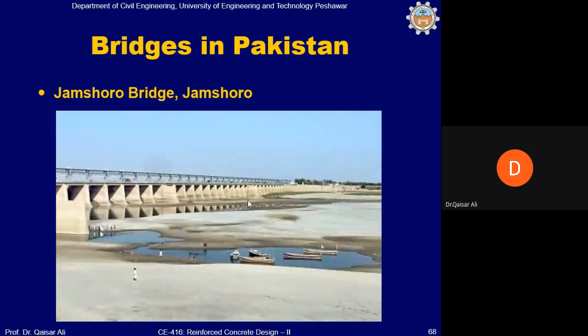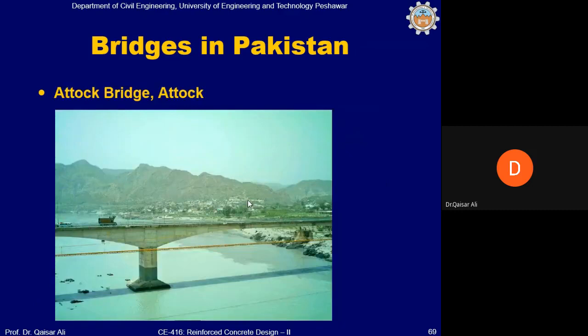Jamshoro Bridge, typical example. This is Attock Bridge. This bridge is basically a balanced cantilever, a post-tensioned multi-box girder bridge. Segmental box girder bridge.